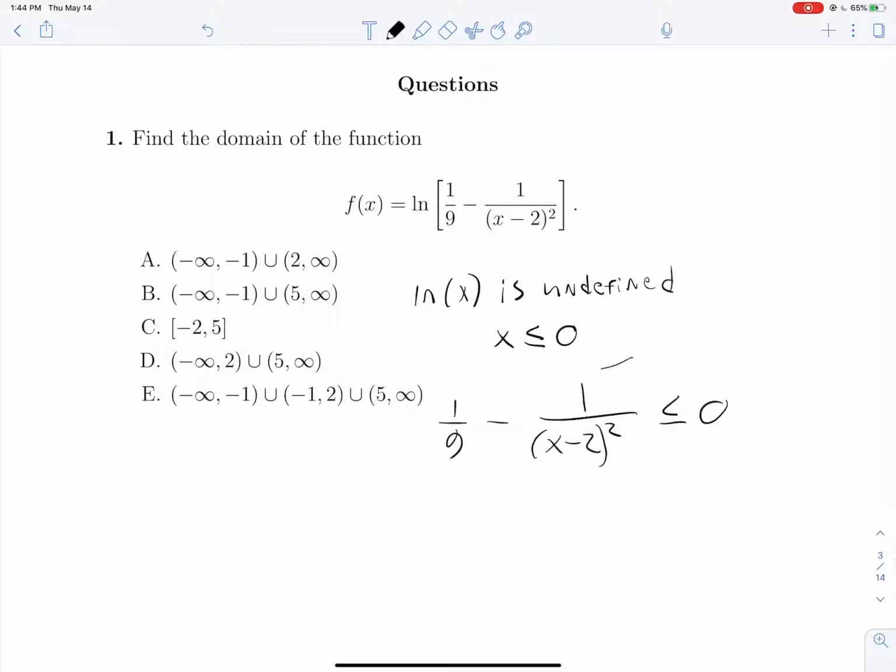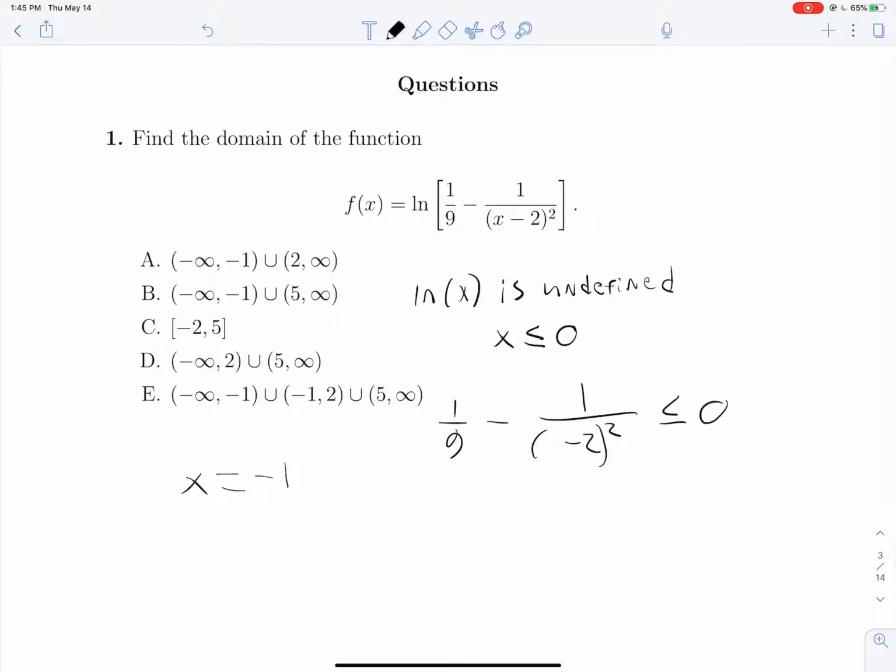Well, this term here would have to be larger than 1/9 or equal to it. When will that happen? Well, what if x is equal to -1? If we have -1 in here, we end up with -3 squared, so 1 over 9 minus 1/9. That will do it. So x is equal to -1 is an issue.